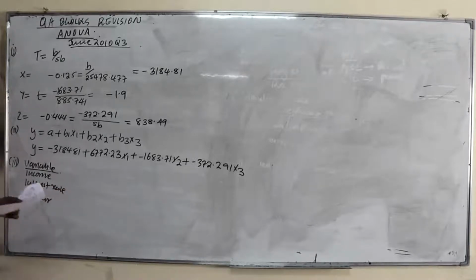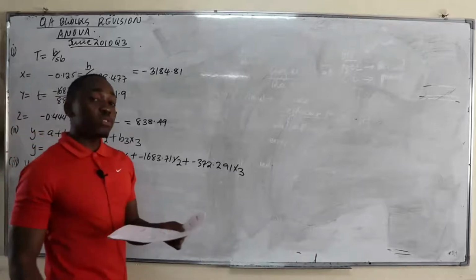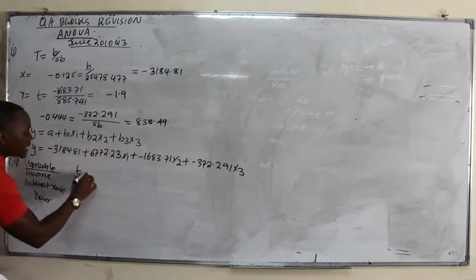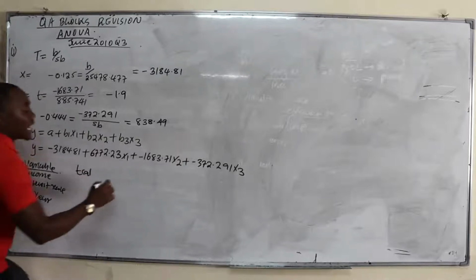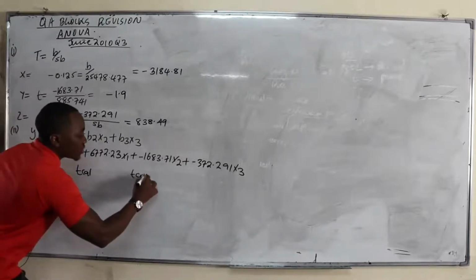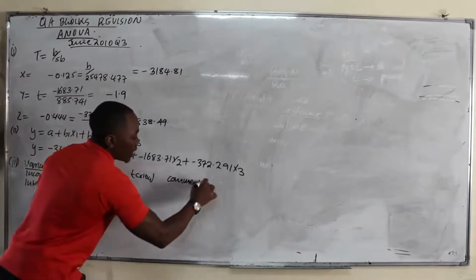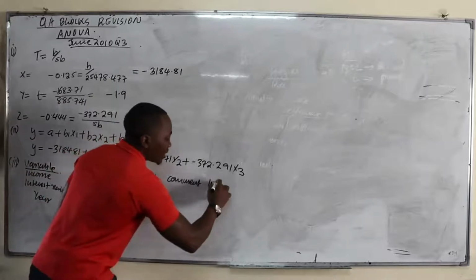Now, what do we use to determine the suitability or usefulness of the model? We use T. So you compare the T calculated against the T critical. Then we comment, and then we interpret.